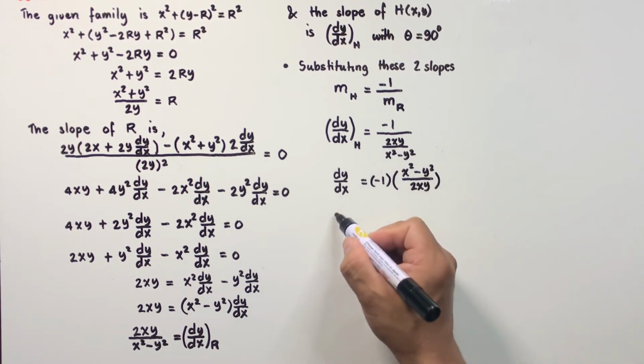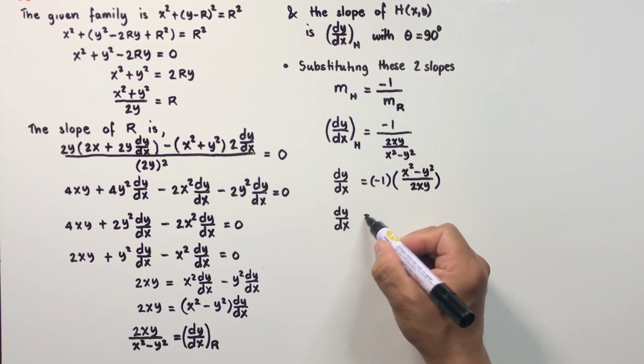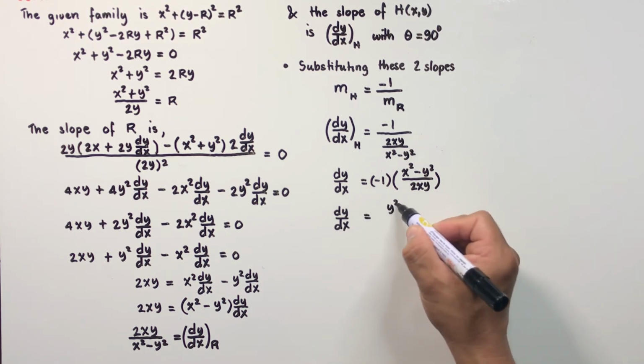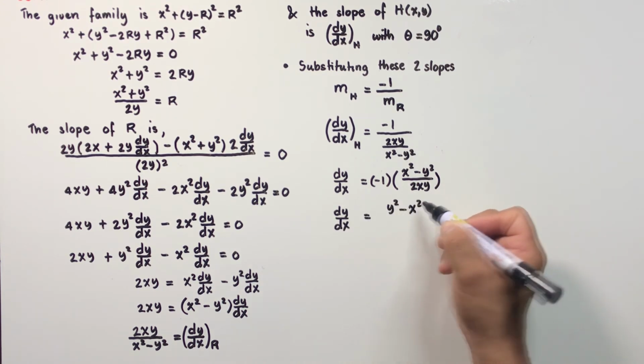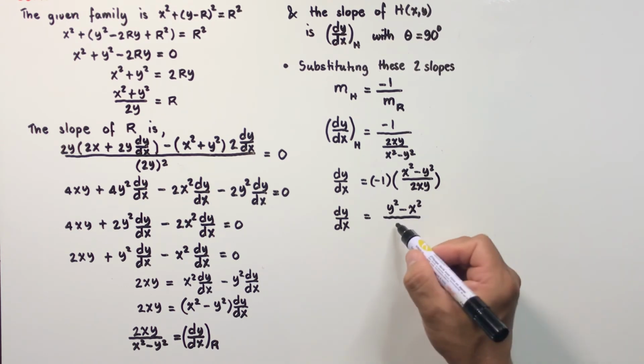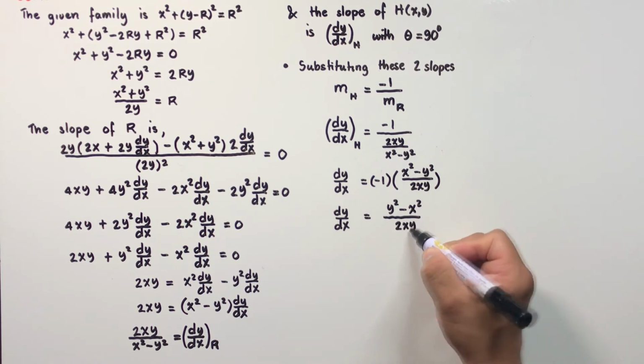And the negative of the numerator is just y squared minus x squared, and this is divided by 2xy.